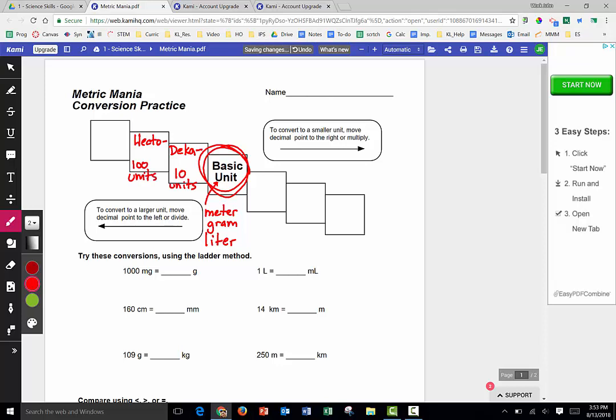And then another prefix that you've probably heard before would be if there were 1,000 units, you would attach the prefix kilo, so a kilometer would be 1,000 meters. A kilogram, 1,000 grams.